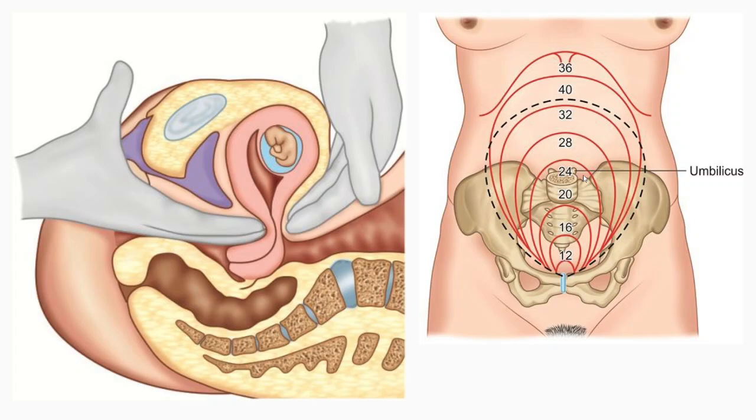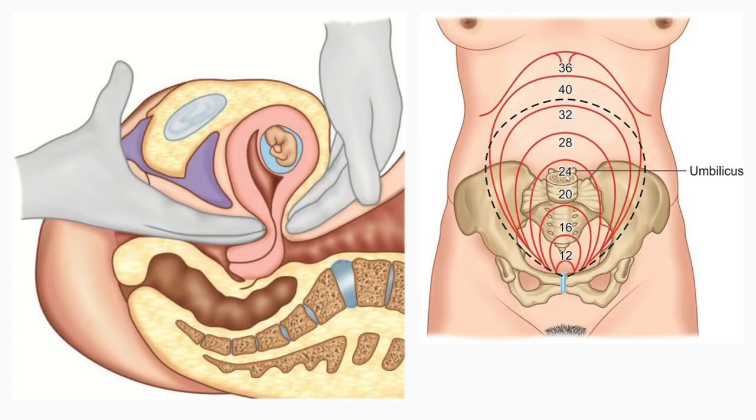Here we will see through this diagram. This is the umbilicus. At 12 weeks, it will be at the symphysis pubis. And at 20 weeks, it is between the umbilicus and the symphysis pubis.